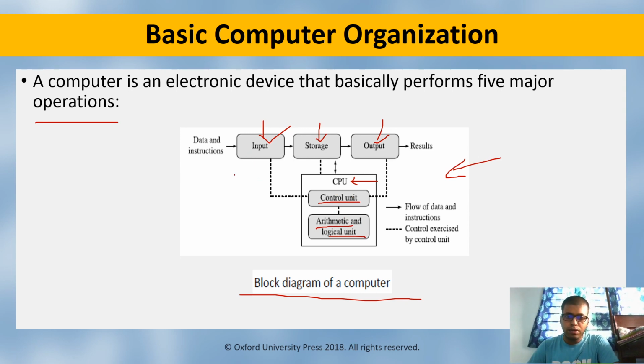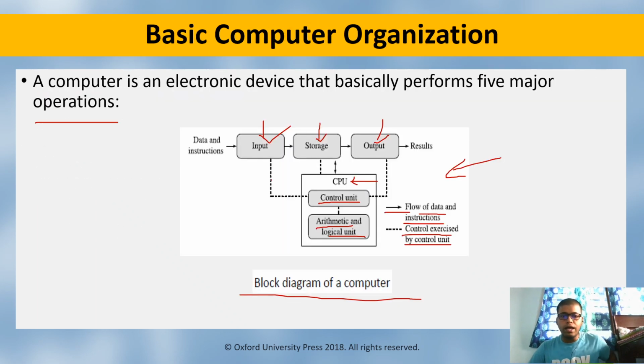Now, input, output, and storage devices I will discuss during the next one or two slides. In this picture, the arrow signs indicate the flow of data and instruction, and the dashed lines are the control exercised by the control unit.